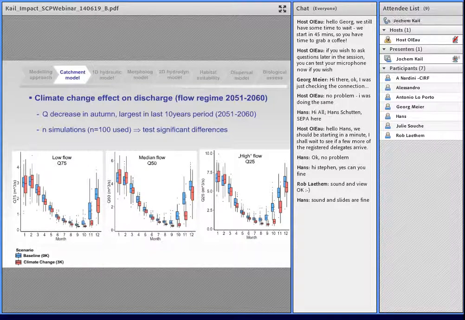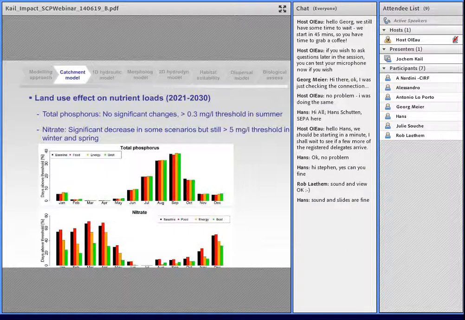If you compare the blue boxes and the red boxes, you can see that especially in the late autumn there is a decrease in the discharge predicted by the SWAT model. So this is the effect of climate change which is predicted in the Träne catchment by this eco-hydrological model.